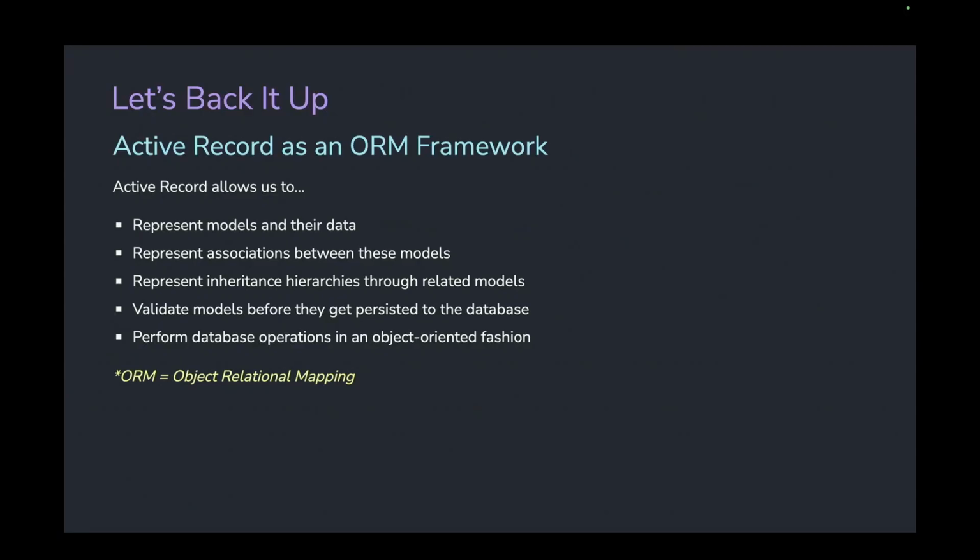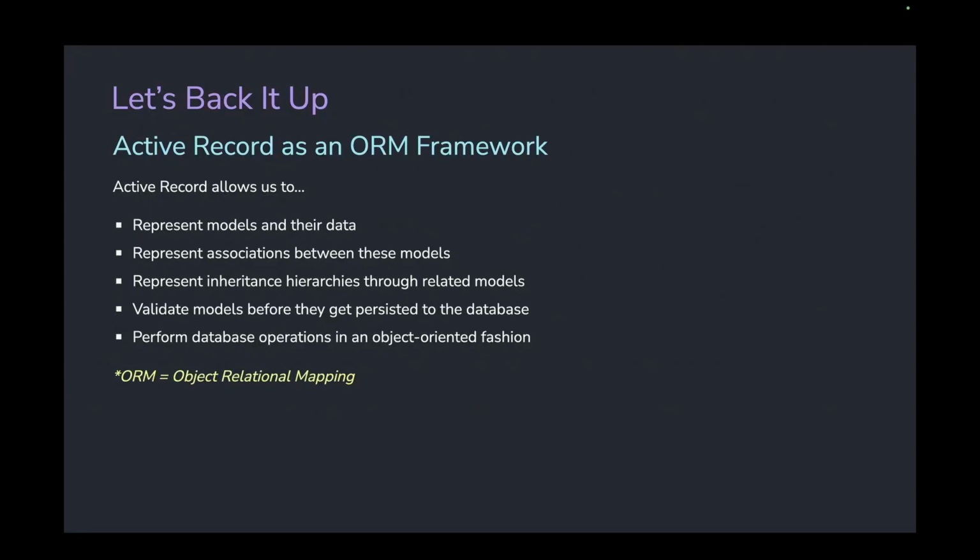So ActiveRecord allows us to represent models and their data, create associations between the models and inheritance hierarchies between models. Very importantly, it allows us to validate models before they're persisted or saved into the database and perform database operations in an object-oriented fashion.